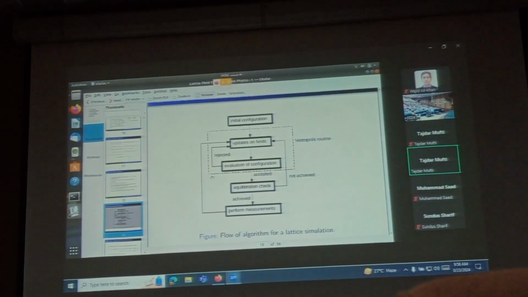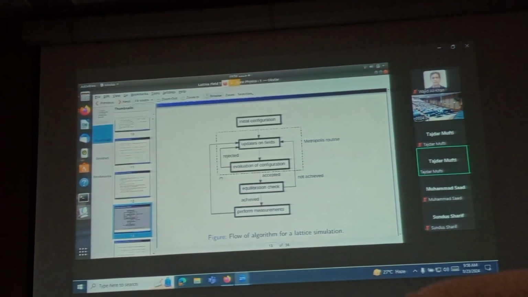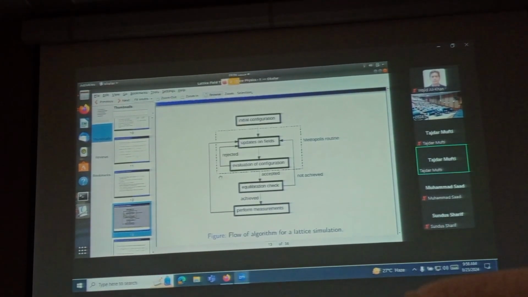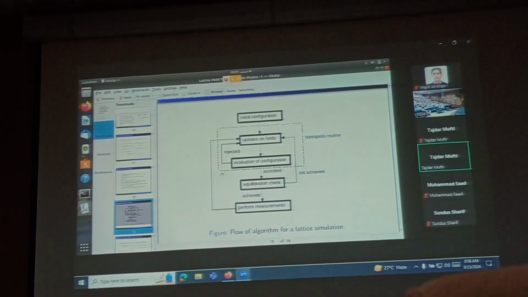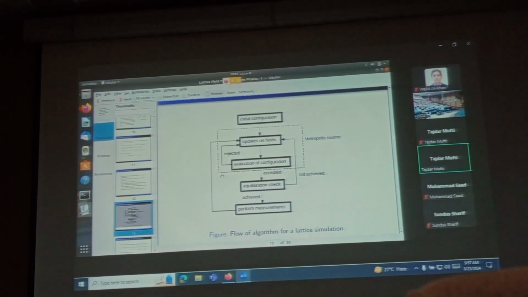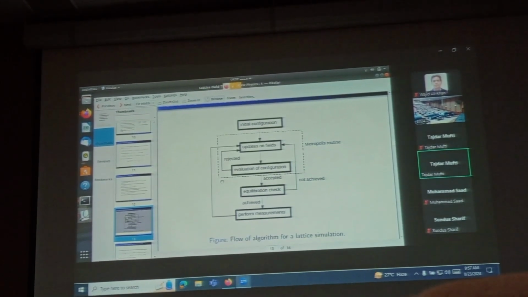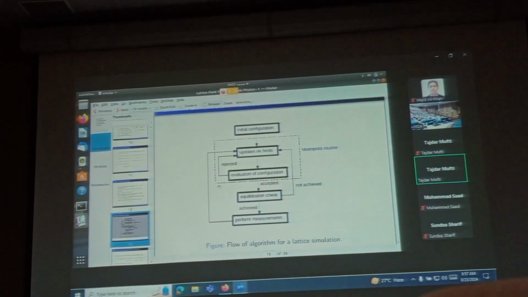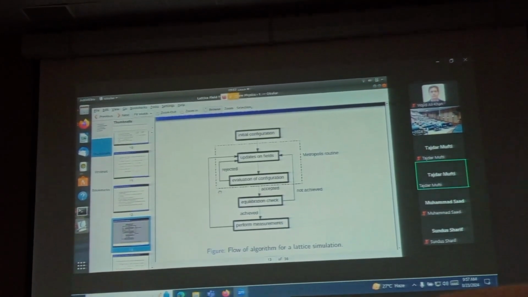And this box is usually what people worry about, how to make configurations and analyze them. For us, we use Metropolis, or a cousin of Metropolis called multi-hit Metropolis. What it does is go to one point and change the field, then analyze the whole configuration, and if it's good enough, that is the action is smaller, it considers it for further evaluation.